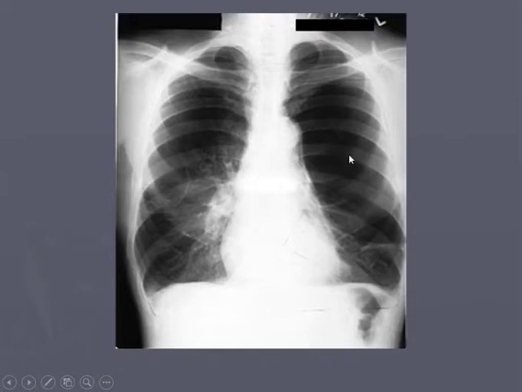Cardiac shadow looks fine. Diaphragms, flat. See how flat that is in comparison with the other ones we've seen. Very flat, gastric bubble there. Maybe a little fluid accumulation in the costophrenic angle, but again, it could be blunted because the diaphragms are just very flat. And then E for everything else, there's a marker.